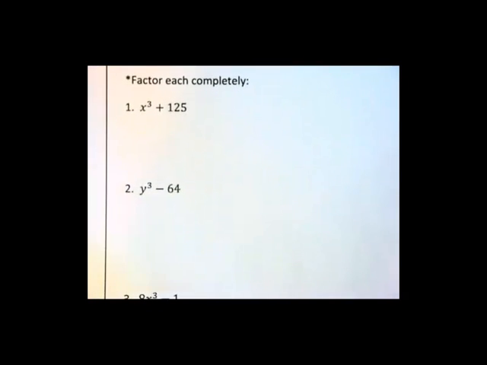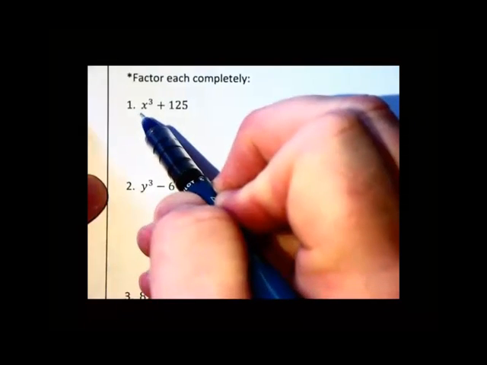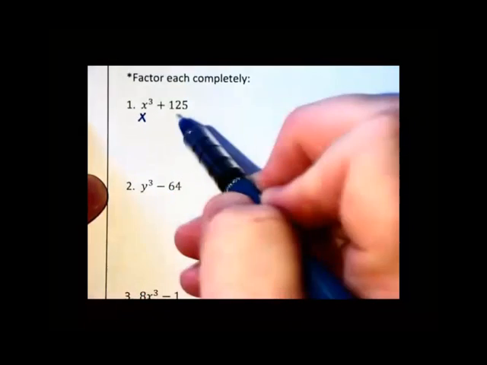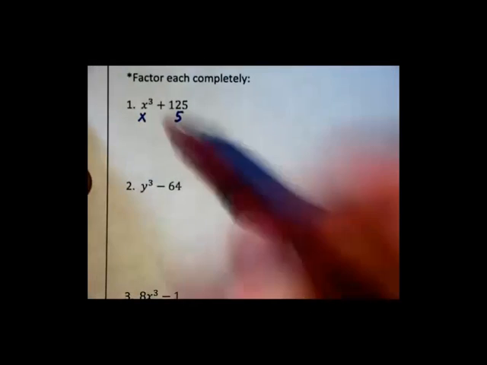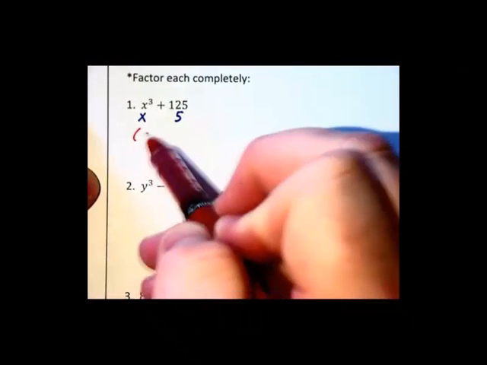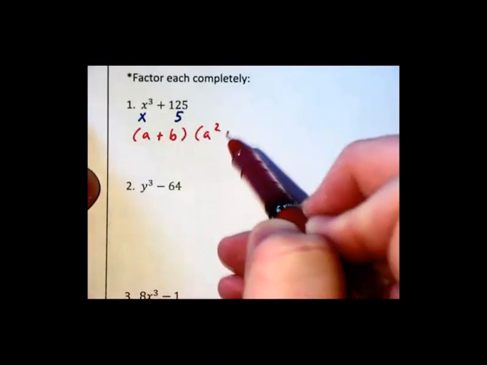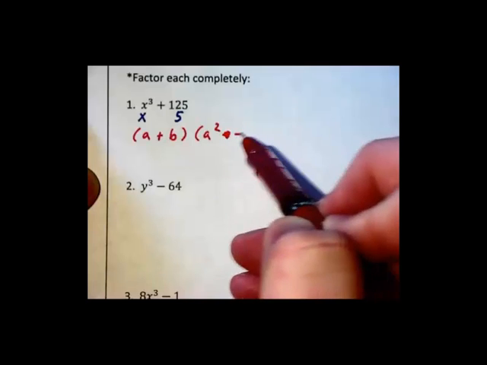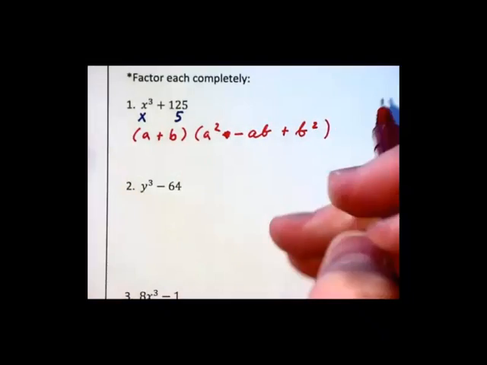Looking at problem number 1, we see x cubed plus 125. We recognize that we have the cube of x and the cube of 5. If you want to rewrite your formula here, a plus b times a squared minus ab plus b squared, you can.